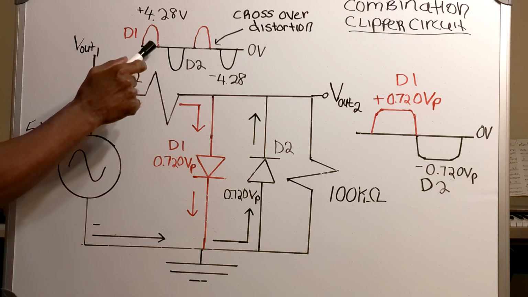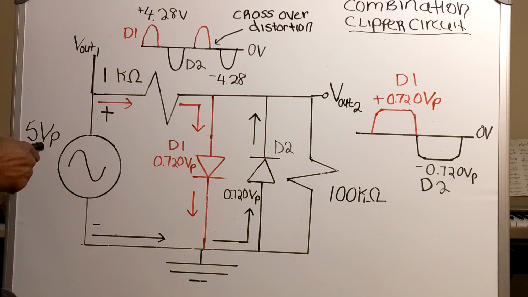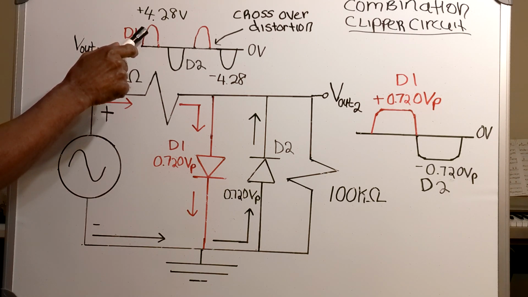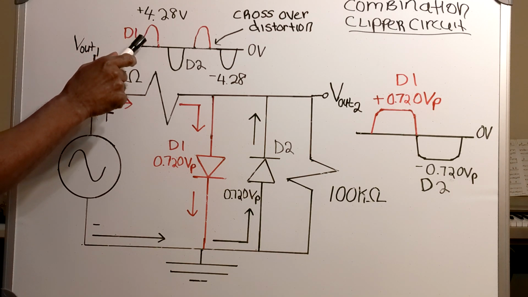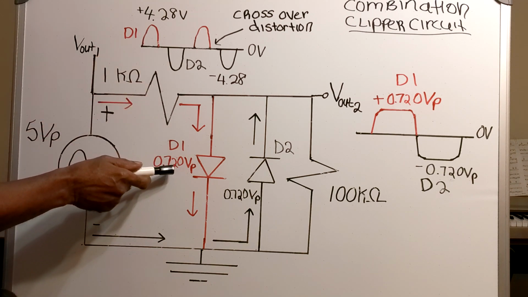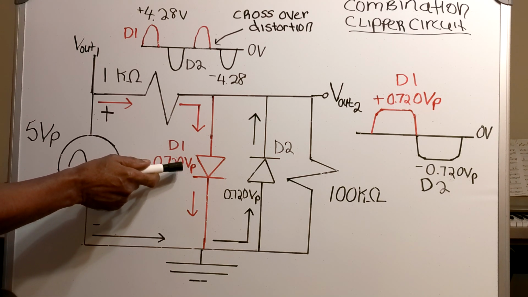And that crossover distortion is the reason why there is a voltage difference between the 5-volt peak input and the current going through the diode. That voltage difference is 720 millivolts, and that 720 millivolts is seen across the diode.